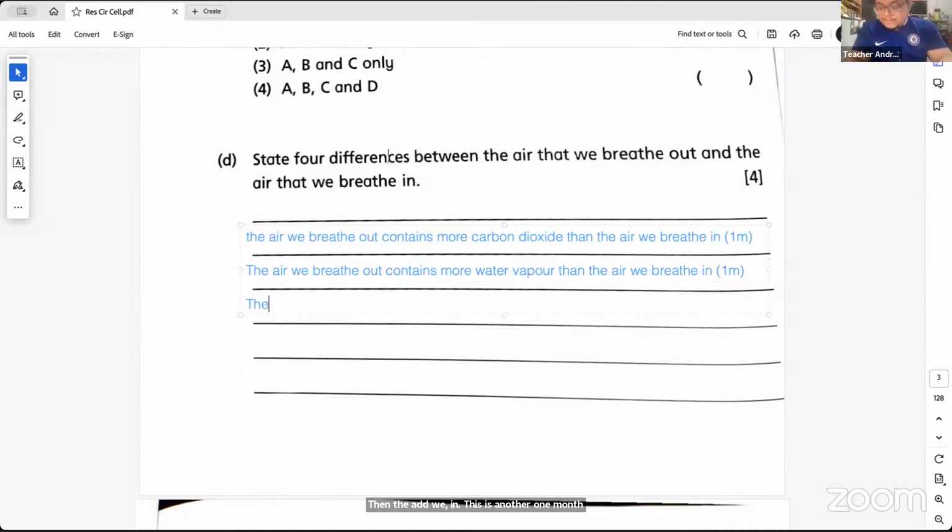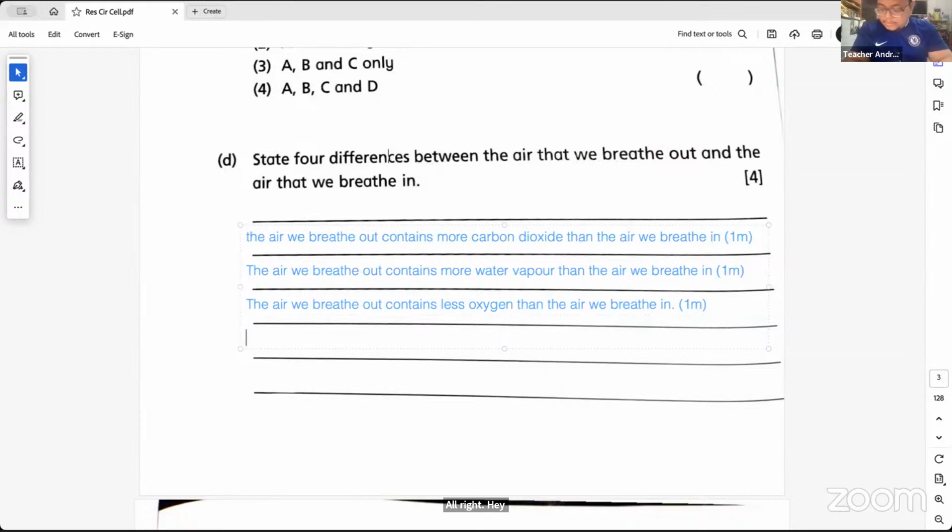The third difference is the air we breathe out contains less oxygen than the air we breathe in. All right, that's another 1 mark.